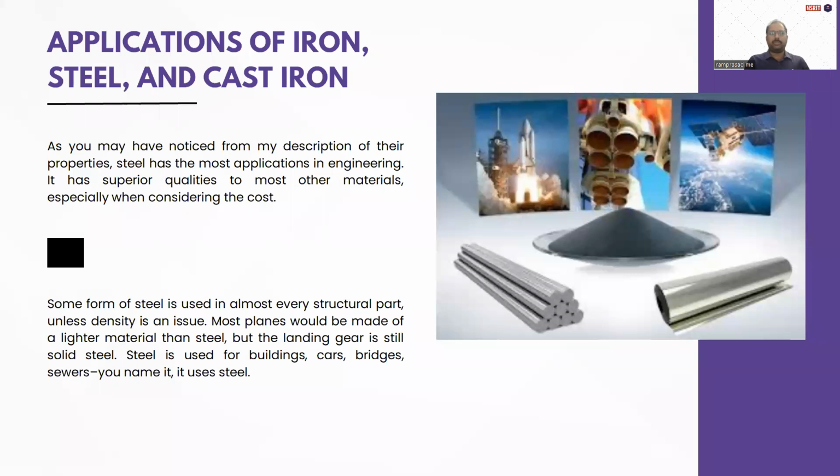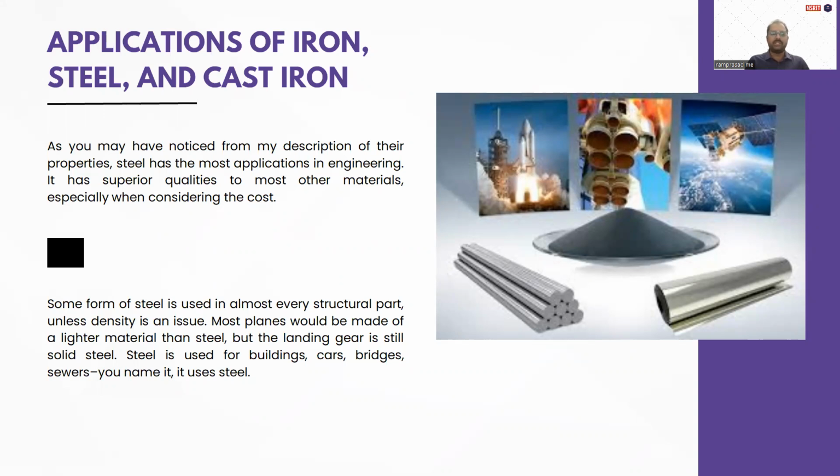And the major applications of iron, steel, and cast iron: we replace them depending upon the properties. Steel has the most applications in engineering. It has superior qualities to most other materials, especially when considering the cost.